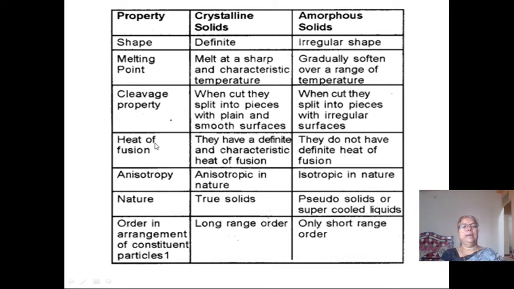Then regarding the heat of fusion, crystalline solids have a definite and characteristic heat of fusion, and amorphous solids do not have a definite heat of fusion. Then anisotropy. Crystalline solids are anisotropic in nature.